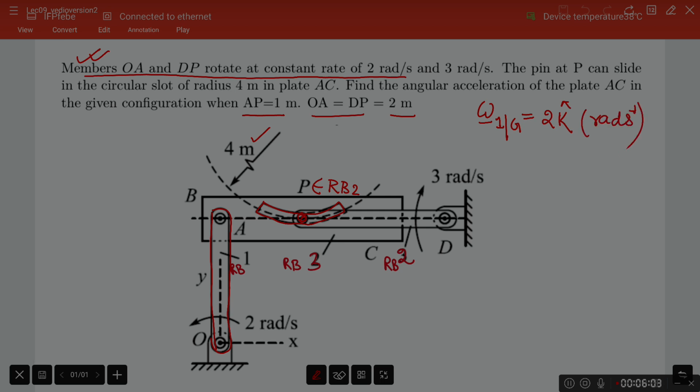this is the information. Now the unit vectors of my working coordinate system are as drawn, as I am drawing them on the screen right now. So i hat is horizontal, j hat is vertical, and k hat is coming out of the plane of the screen.